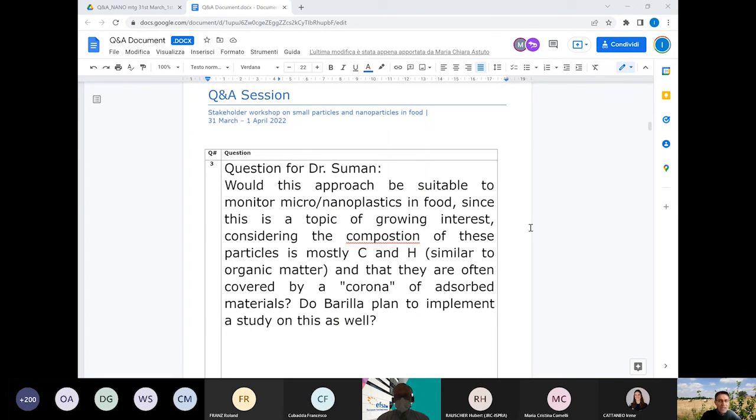So my reaction could be to invite and to stimulate scientists that are here in the audience, in particular the one that put the question, to contact me and to give us some suggestions, some indication eventually how to proceed in this kind of study, taking into account this sort of covering corona around the food, carbon and hydrogen compound material. This is something that we really didn't evaluate up to now.